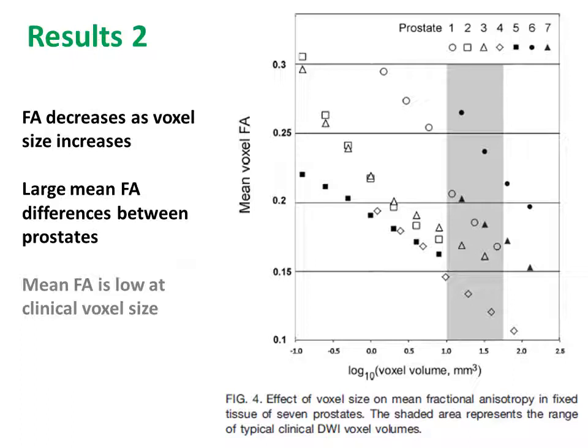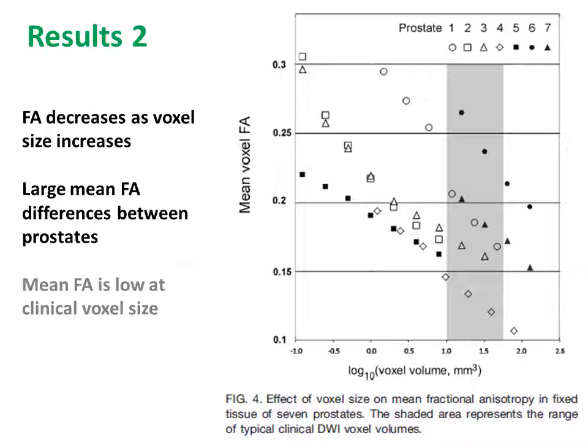Okay, so in figure 4 of our paper, we illustrate the mean intraprostatic voxel anisotropy versus the size of the voxels. So we took the native voxels from our data sets and then just added them progressively pairwise to generate progressively larger voxels, and then looked at the mean FA as we increase the voxel size.